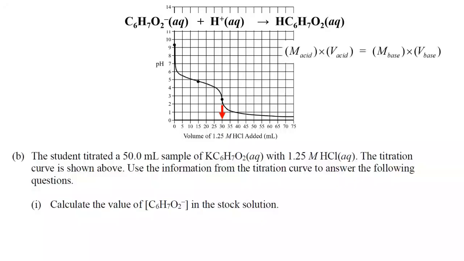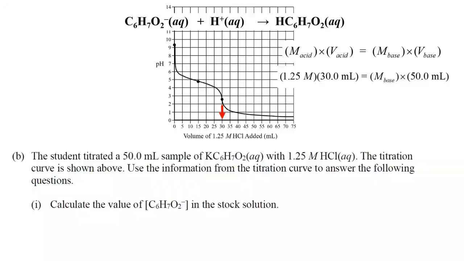So the molarity of the acid is 1.25 moles per liter. The volume of the acid, the titrant that was used to reach the equivalence point, is 30 milliliters. The molarity of the base is what we are trying to find. And the volume of the base is that 50.0 milliliter sample of that potassium sorbate stock solution that was given in this question. So you might wonder about the units for volume, that normally the volume is in liters, but as long as you have the same unit of volume on both sides of this equation, the proportion is still true.